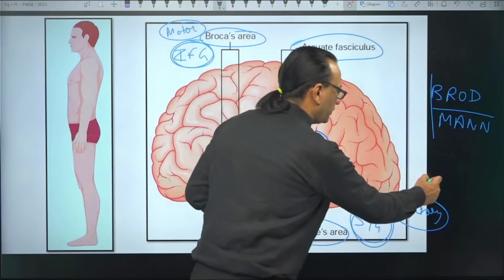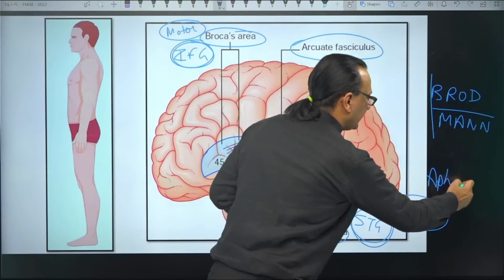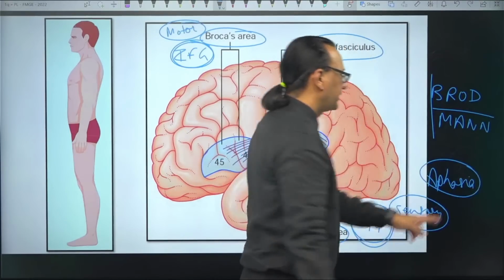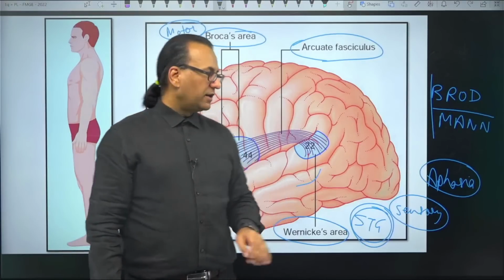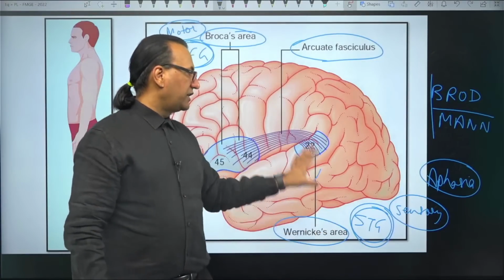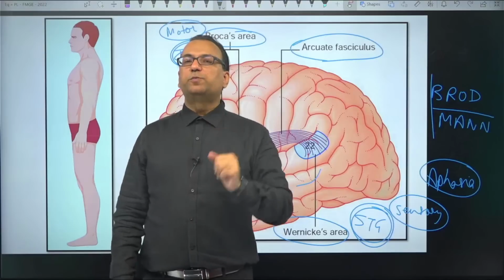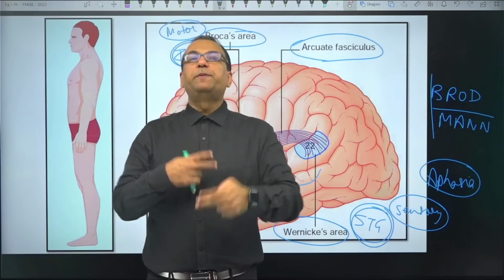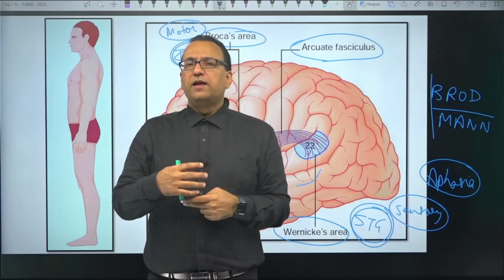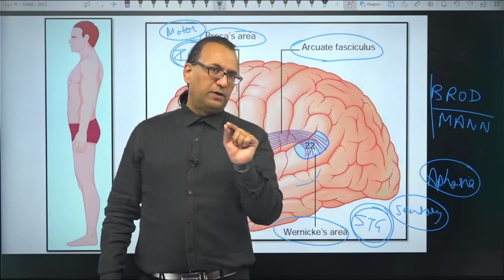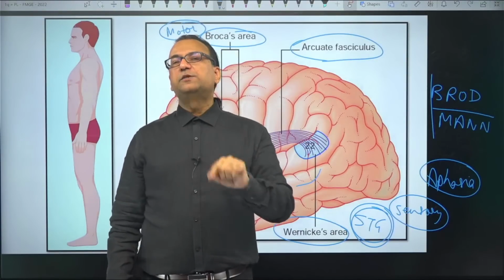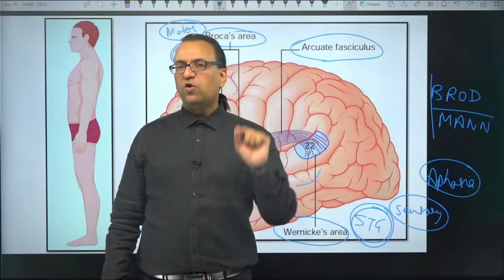And how do you know that it is Wernicke's sensory speech aphasia? Because these people don't understand the language, written or spoken, and they continuously keep speaking. Their speech is non-stop and nonsense.